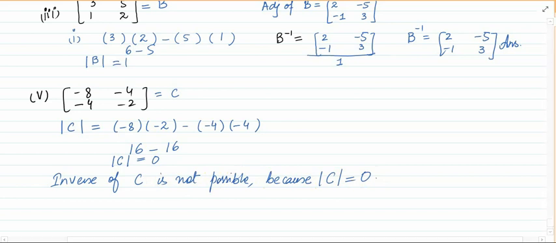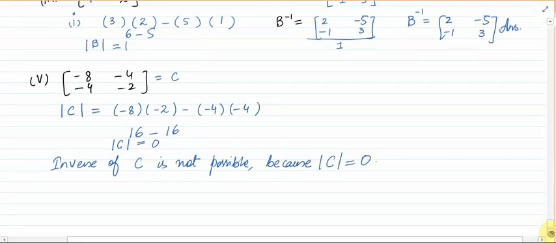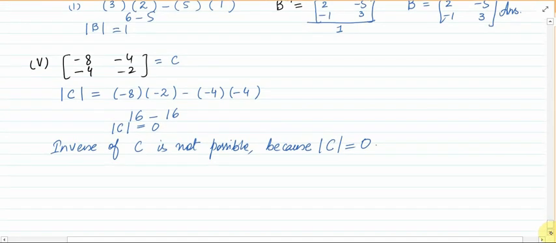How do we know that it is a singular matrix? Because its determinant is 0, and those matrices whose determinants are 0 are singular and their inverse is not possible, right?